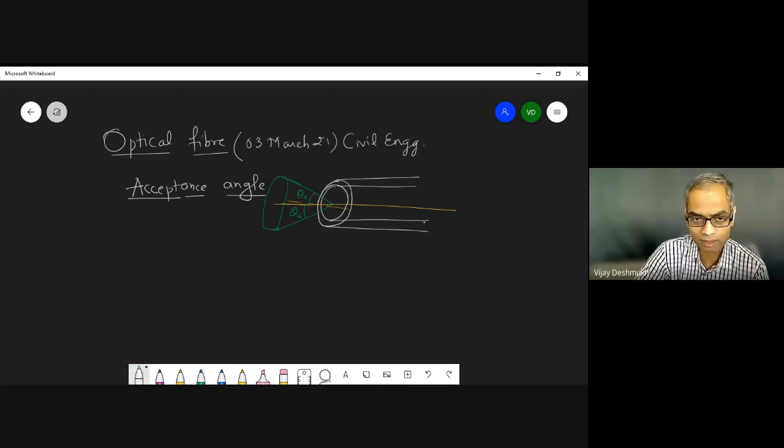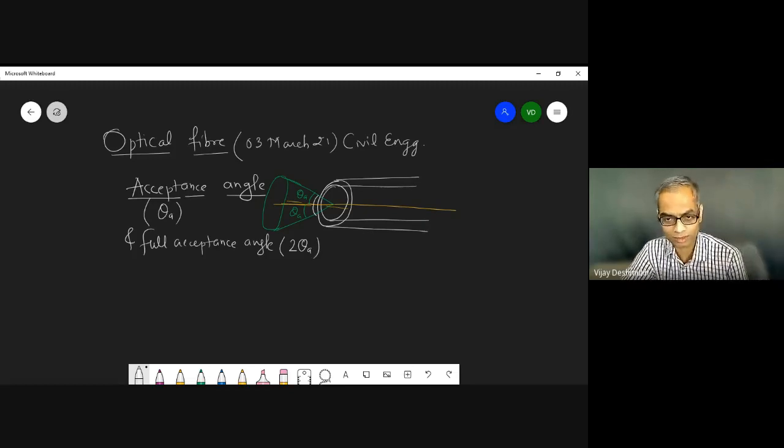So the acceptance angle is given by theta A, and then the full acceptance angle, from this point to this point, will be 2 theta. There is no symbol for full acceptance angle. It is written just like this, 2 theta.